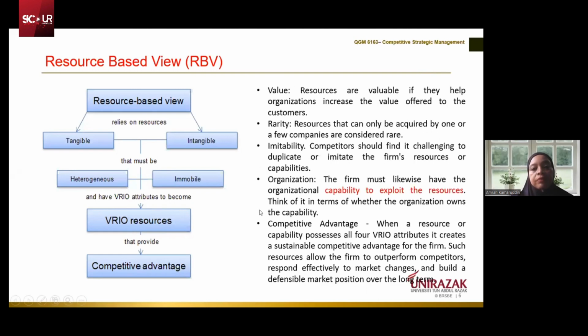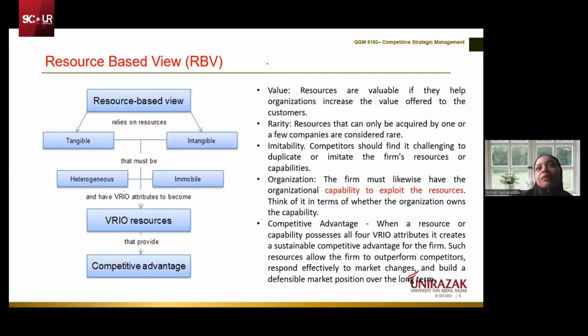Okay, so let's talk about Vireo. So this is Vireo. So the first one is value. So your company has the value that people tabik spring to your product. People tabik, because you can see the difference between Pizza Hut and also Domino's Pizza. You boleh even tutup mata, you can see the difference already.